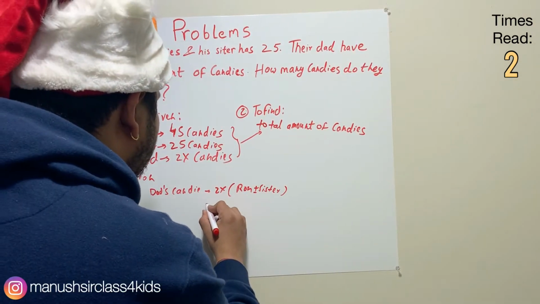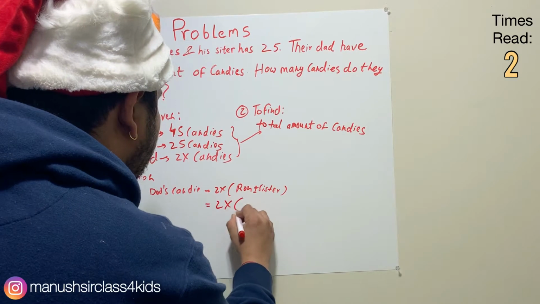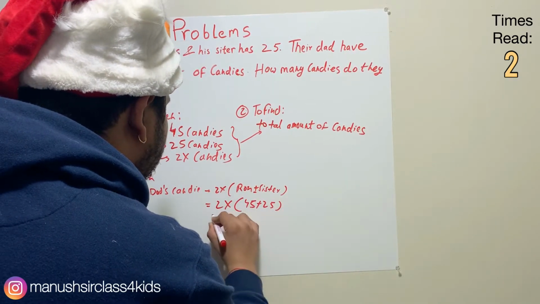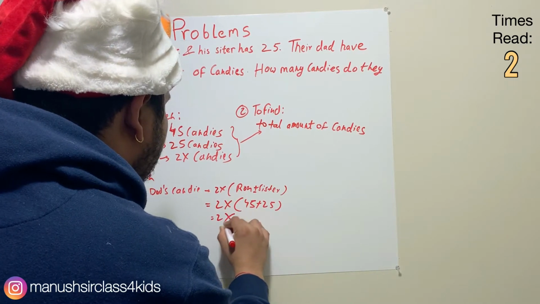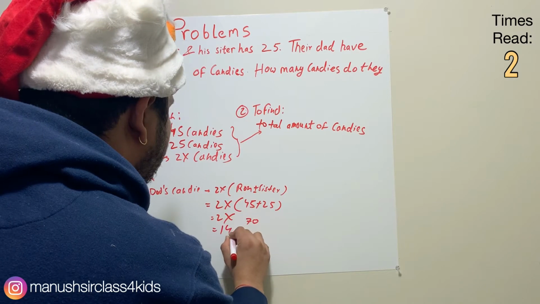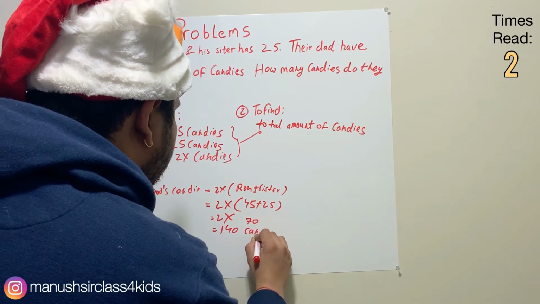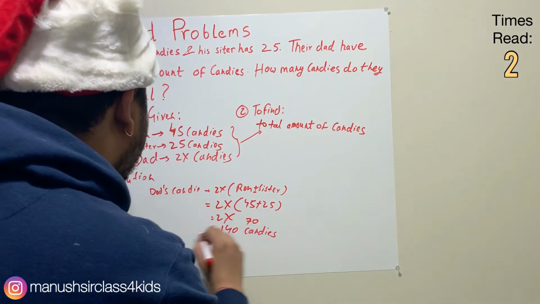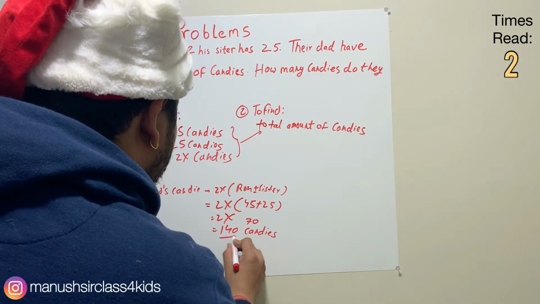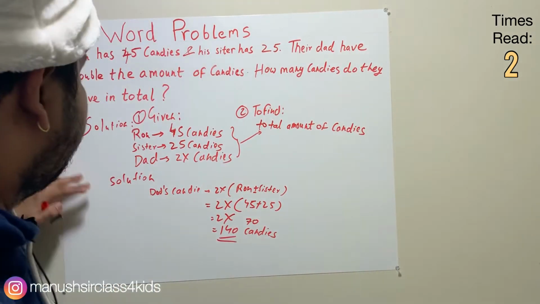So that would give us 2 times 45 plus 25, that's 2 times 70, so that's 140 candies. So dad's candies are how many? Twice of that, so it's 140 candies.